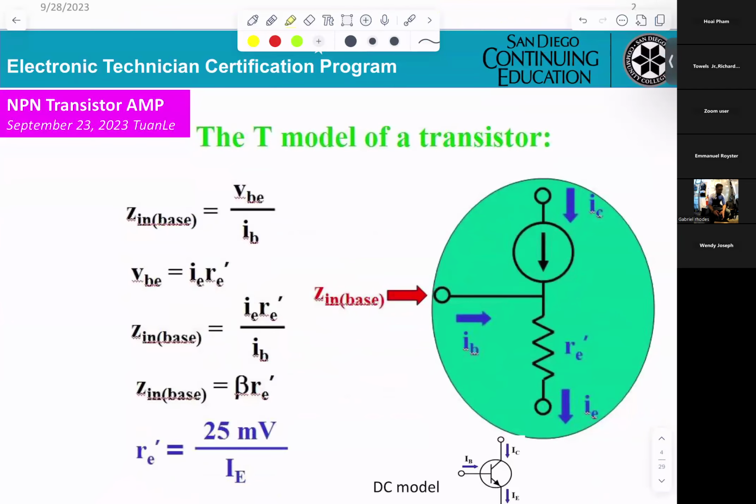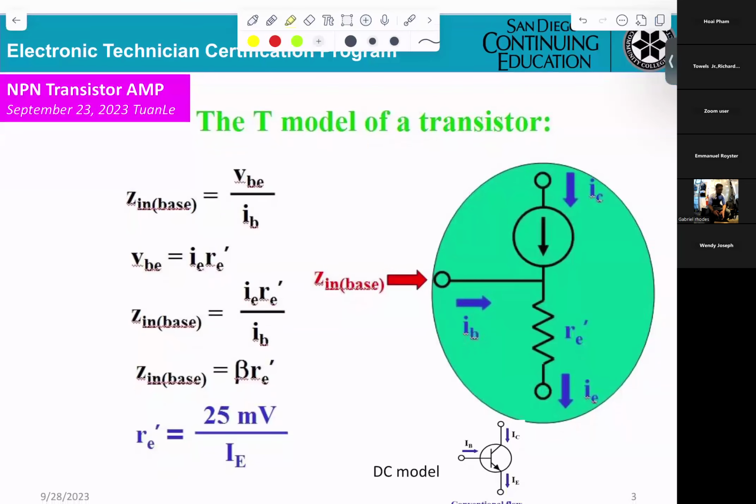Okay, now you can see the transistor DC, they draw it this way. That's a DC, you already know. And now, for the AC, this is the AC model.